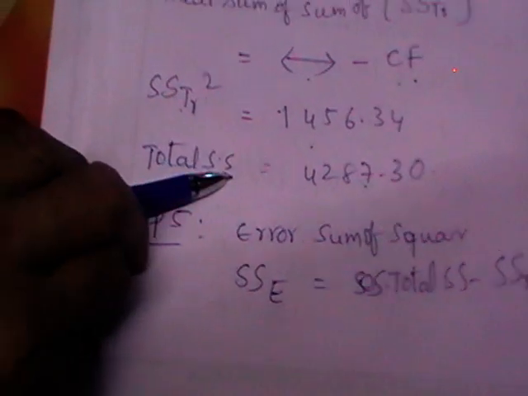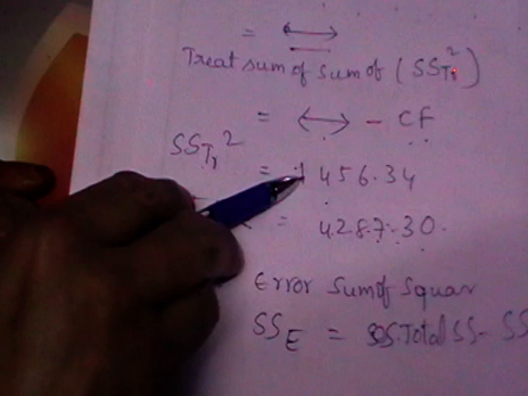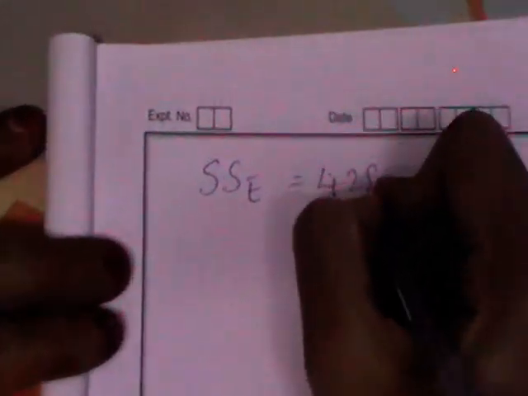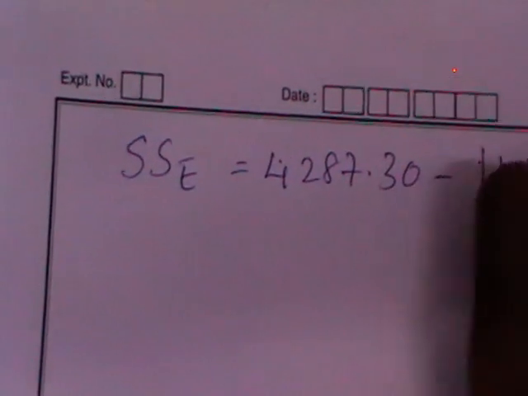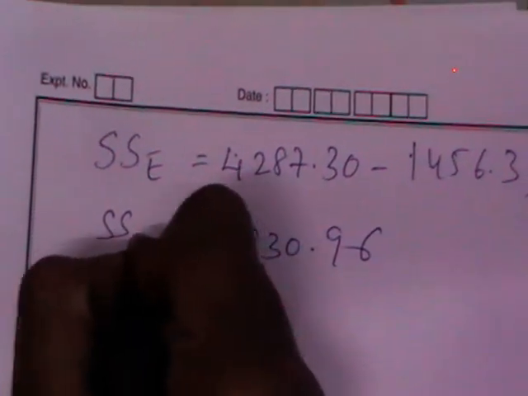How much did we get for the total sum of squares? 4287.30 minus 1456.30. Total we got 4287 minus 1456.34. This represents the error sum of squares. We have calculated the error sum of squares.